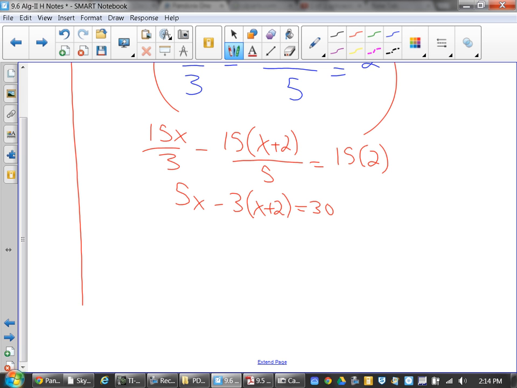I don't see any fractions anymore. Now distribute and solve. 5x minus 3x minus 6 is 30.